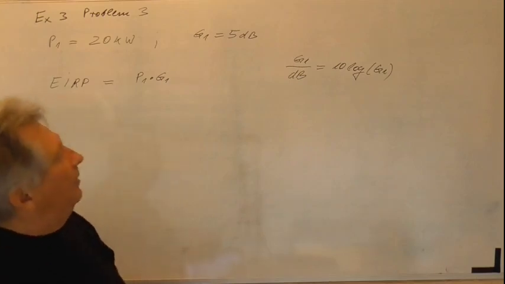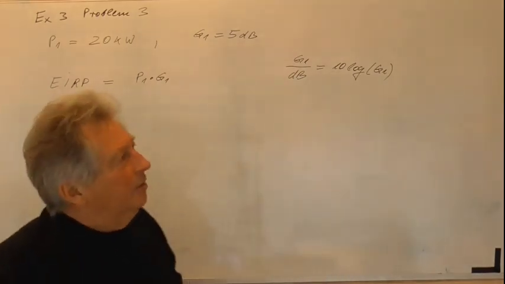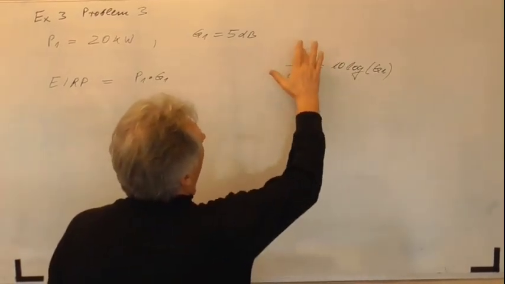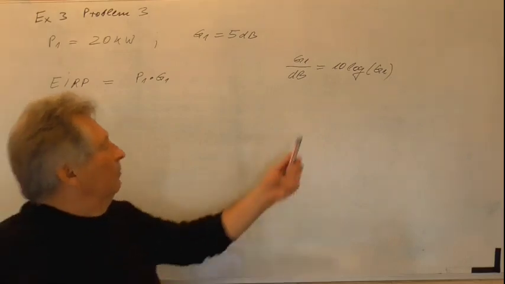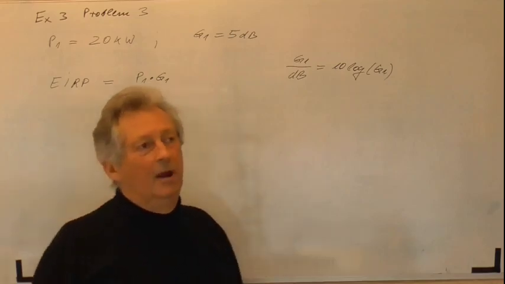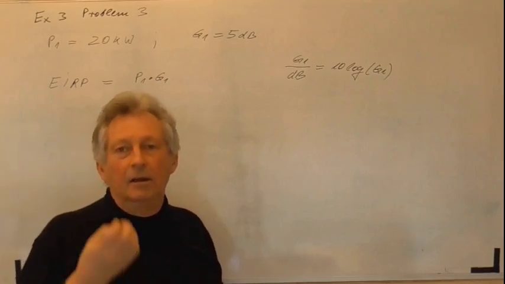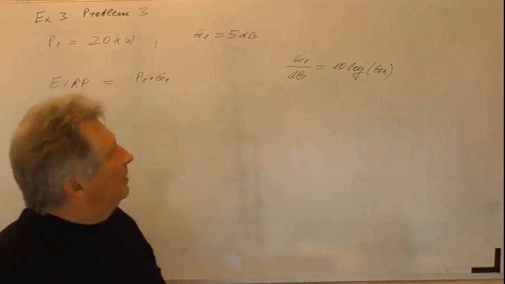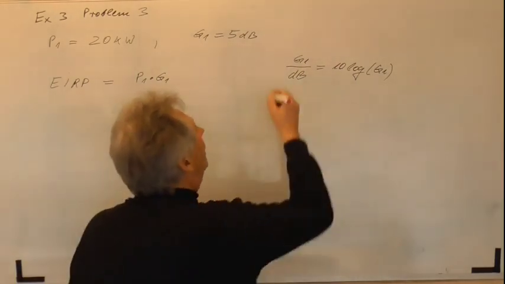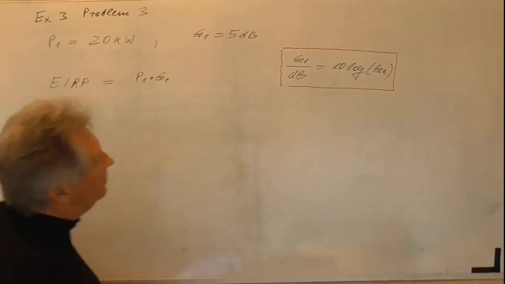I want to point out that from a mathematical point of view this equation makes in principle no sense, because we have each time the same parameter. But from a physical point of view it makes sense, because I can have a look at the gain in the linear scale or in the dB scale, and this equation gives you how you can convert the linear scale into the dB scale.